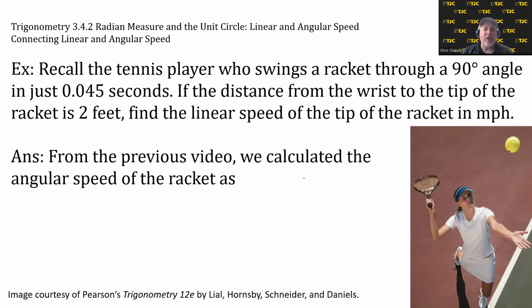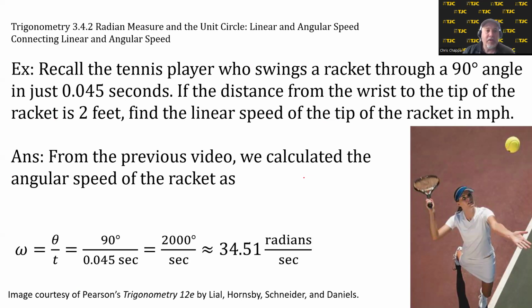From the previous video, we calculated the angular speed of the racket as theta divided by time, which was 90 degrees divided by 0.045 seconds, which was 2,000 degrees per second. But then we converted it and got approximately 34.51 radians per second.